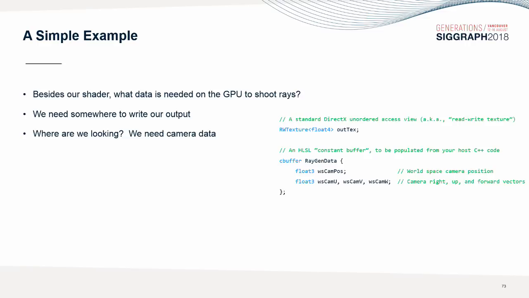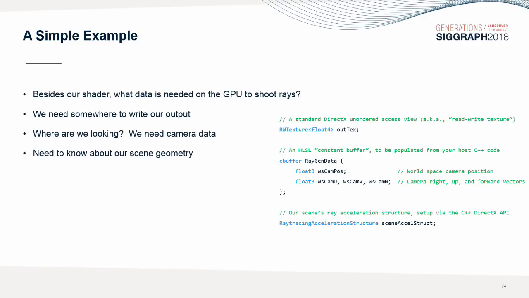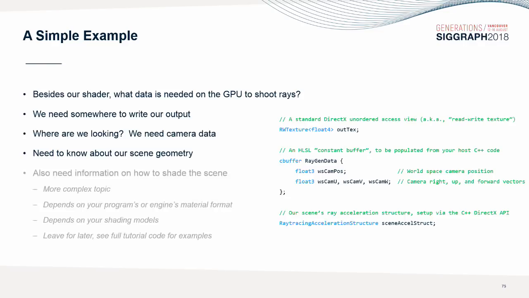So where are we looking? In ray tracing, we have to put our camera someplace. So we need some information about where our camera is, and you need to pass this down to the GPU someplace or somehow. In this case, I've defined a constant buffer with a camera position and a UVW coordinate frame for this camera. And we need to know some information about our scene, like what our acceleration structure is, so we can intersect it.